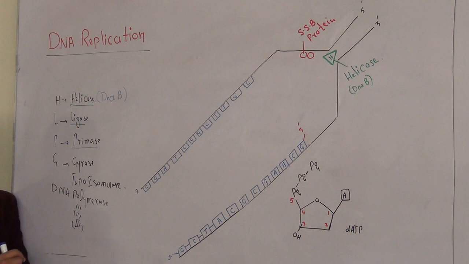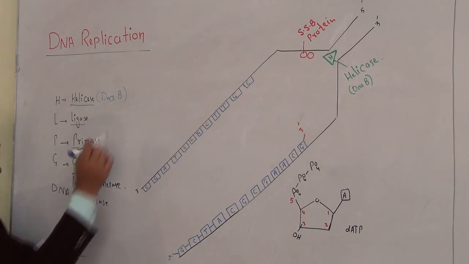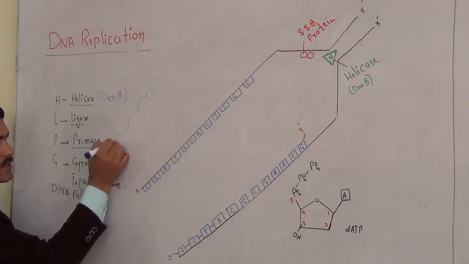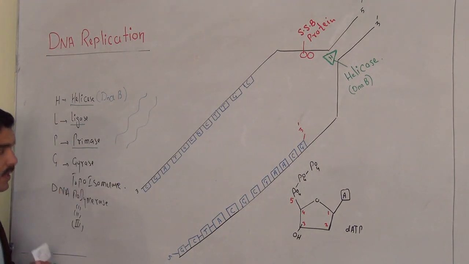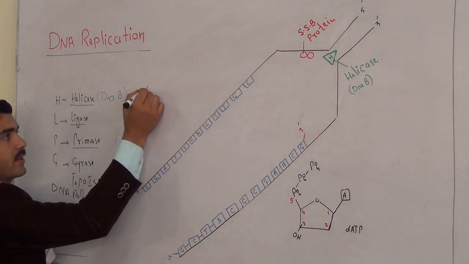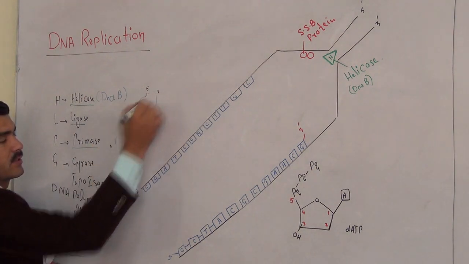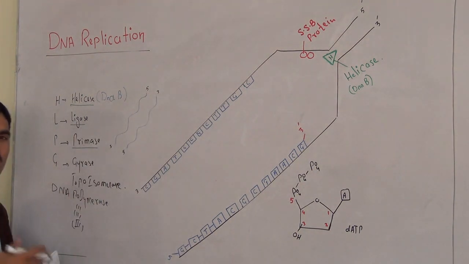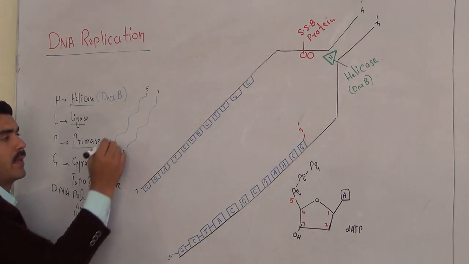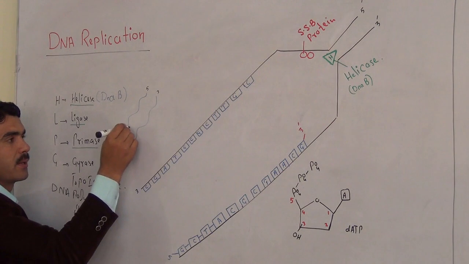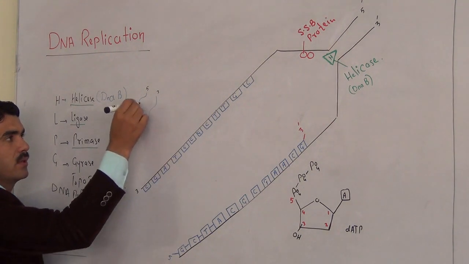What is the helicase enzyme? This is the enzyme that unzips the DNA molecule. We know very well that a DNA consists of 2 strands, okay? If I write here 5' to 3' and 3' to 5', these things were already mentioned in the previous lecture. And the 2 strands are linked together by hydrogen bonds.